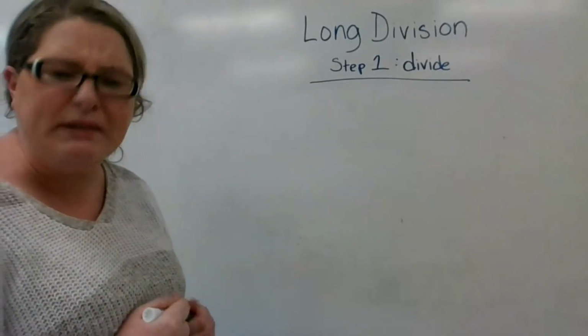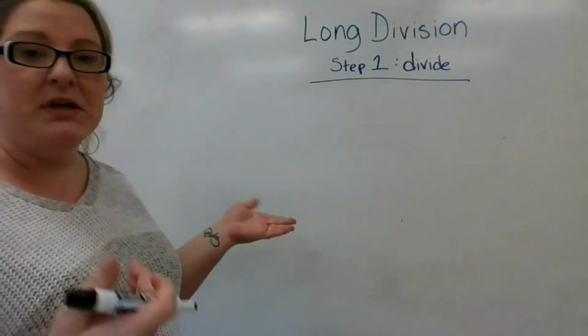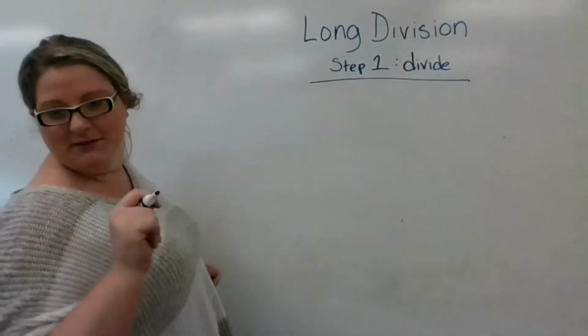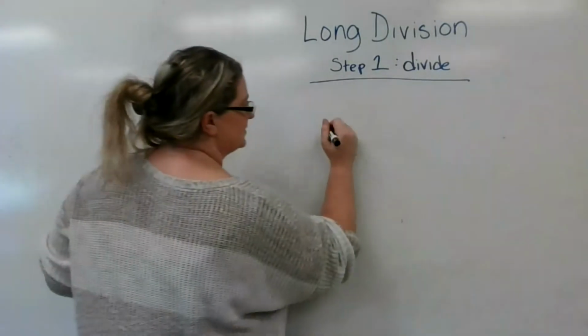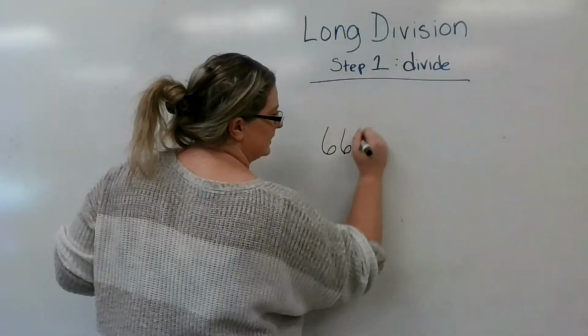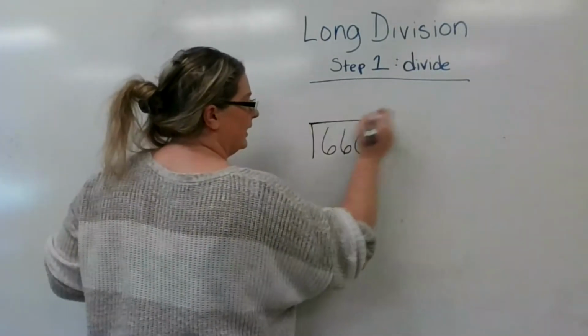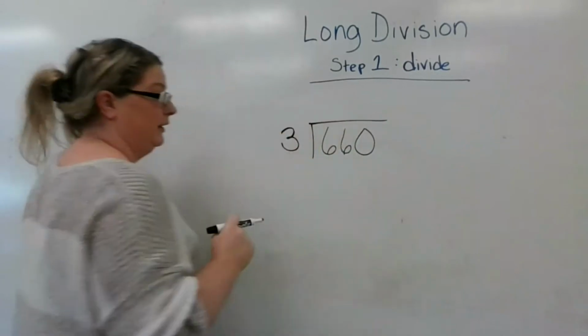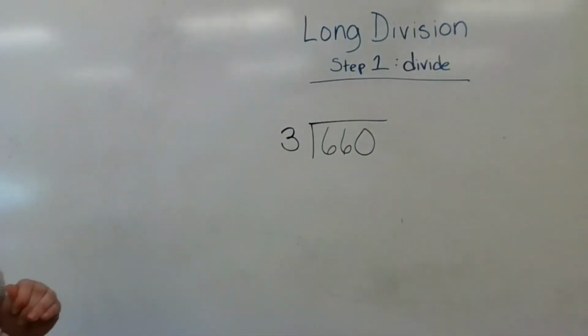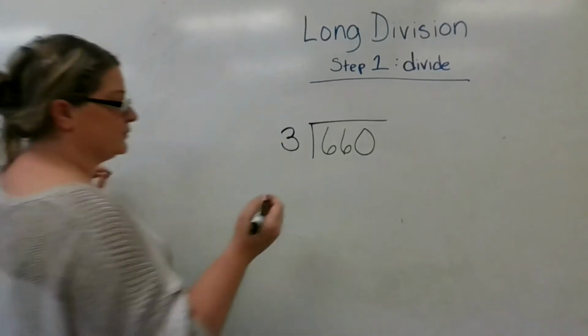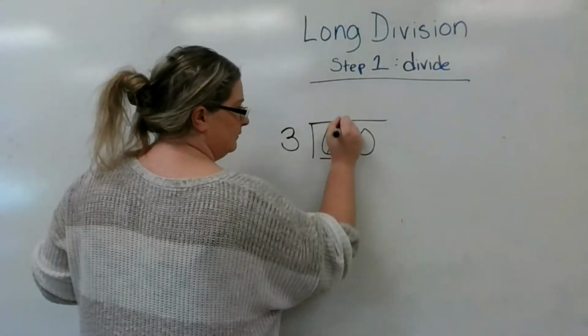So next, let's go a little bit bigger, because we can do this. We can do this all day. It's fine. So we have 660 divided by 3. So our step 1 is we're going to look at the first digit.